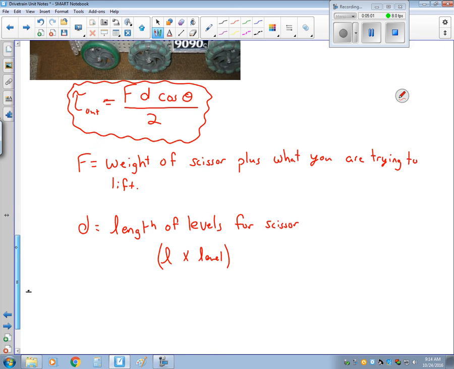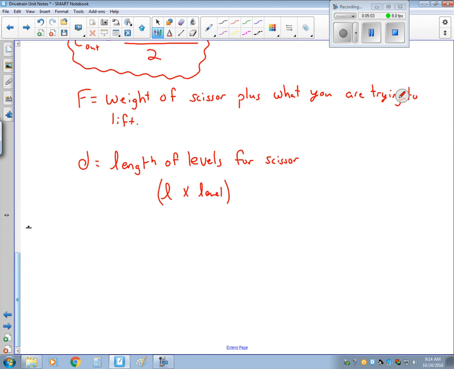So theta, the angle theta, is the angle between the scissor and the ground when compacted.